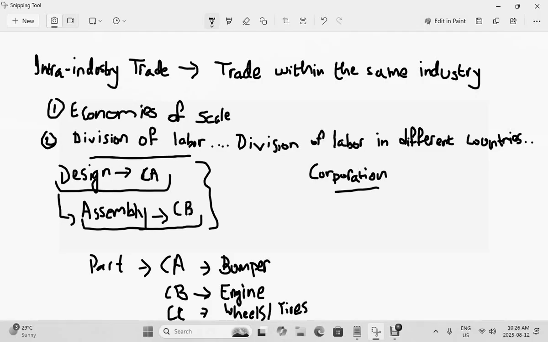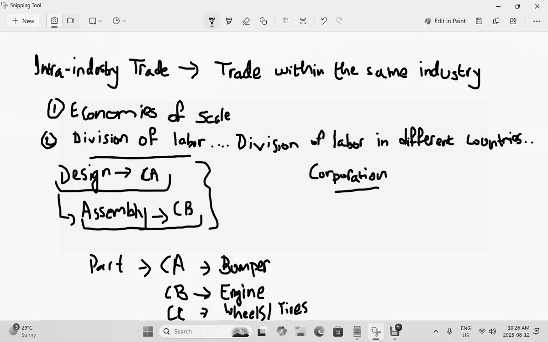All right, so you've got three different countries producing three different auto parts, as a result of which you have auto parts making up a single vehicle, being traded between countries by the same corporation.